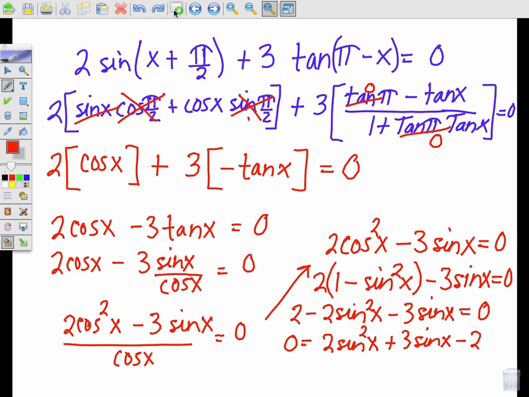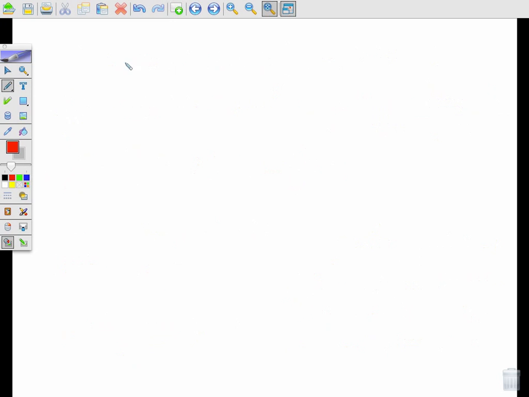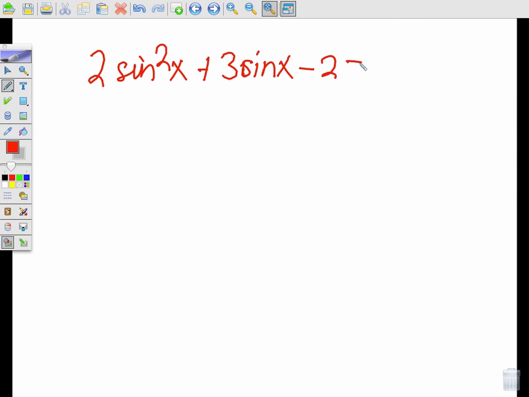All right, I'm going to go ahead and copy this to the next page and factor this so that we can continue to solve. I've got 2 sine squared x plus 3 sine x minus 2 equals 0.